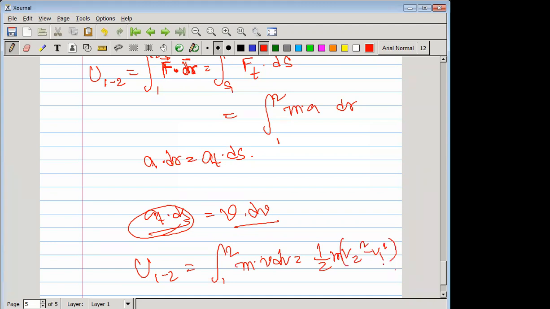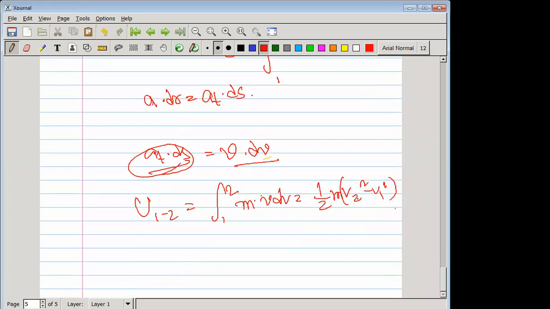So it means in any curvilinear motion, if we want to find the work done on a particle when force acts on it, the difference is nothing but the principle of kinetic energy, right? You all know that kinetic energy is half of m v squared. So this is nothing but the change in kinetic energy.